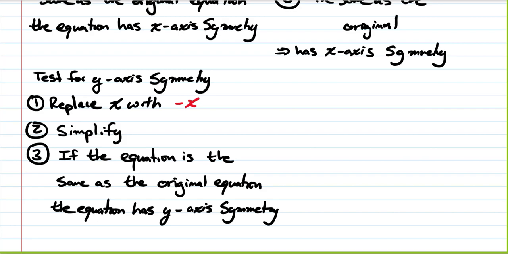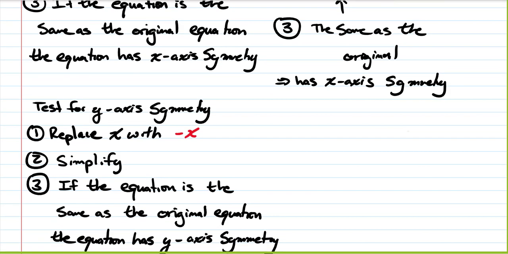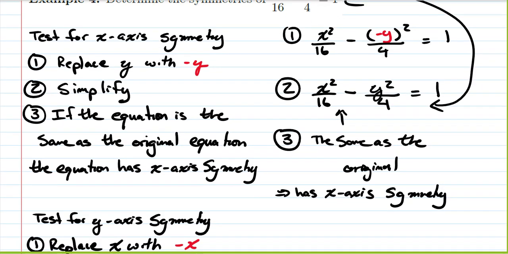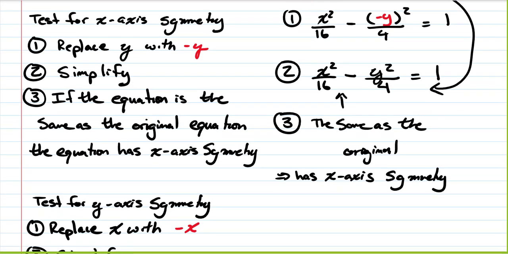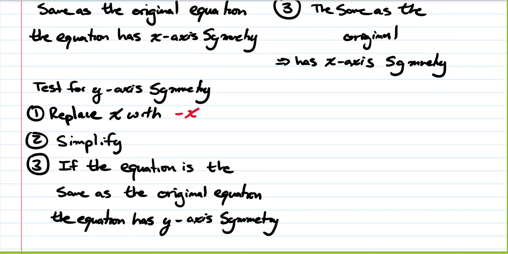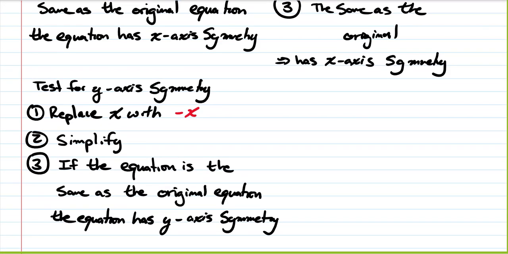So once again, we're going to do pretty much the same thing. In fact, what's the only thing that's going to be different? Instead of replacing y with negative y, what are we going to do? Replace x with negative x. So that gives us negative x squared over 16 minus y squared over 4 is equal to 1.